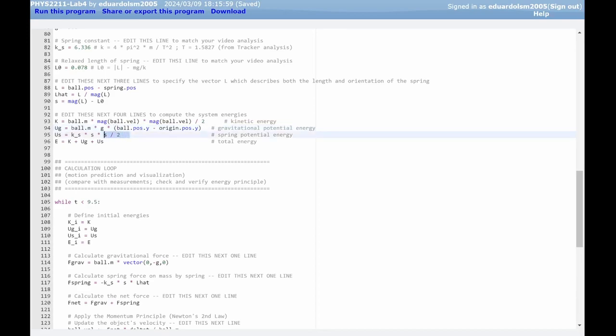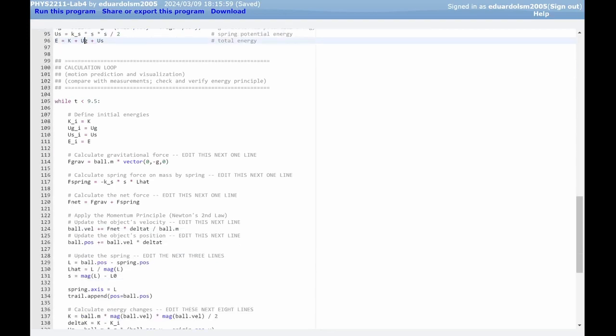And the spring's potential energy is just ks squared over 2, where s is the magnitude of the spring extension in relation to its relaxed length. And the total energy is just the sum of these three.